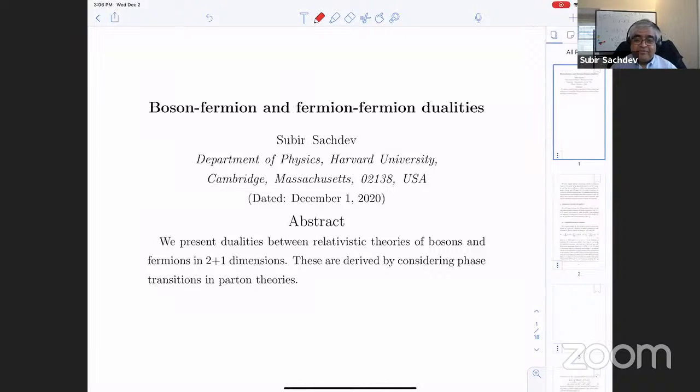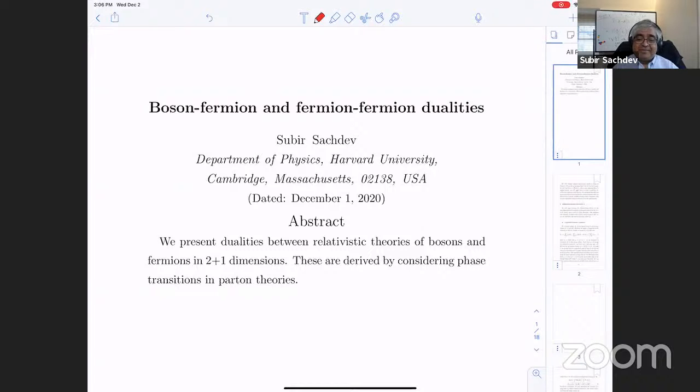So if you have two different descriptions of this universal behavior, it seems very reasonable to assume that those theories are actually equivalent. This is a powerful tool for at least deriving, if not proving, equivalences between strongly interacting quantum field theories. We are going to look at quantum field theories which do not have any exact solutions. The best we can do is to study them numerically or in some expansion.